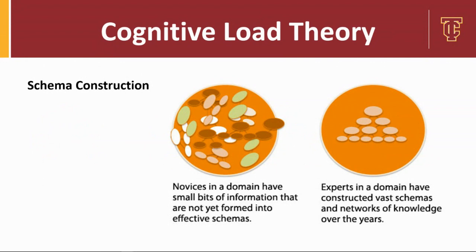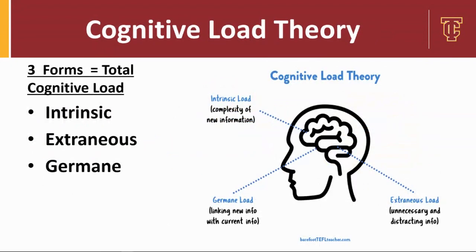And so working memory is constantly trying to make these schemas complete. So the bits of information is a good way to think about it for now, since we just use that word bits, right?